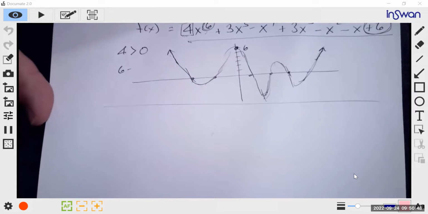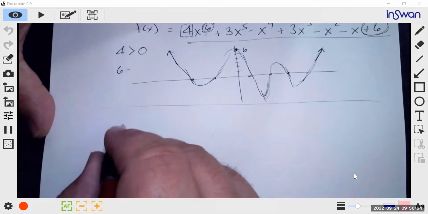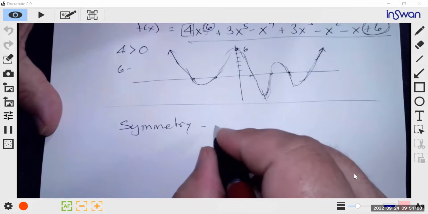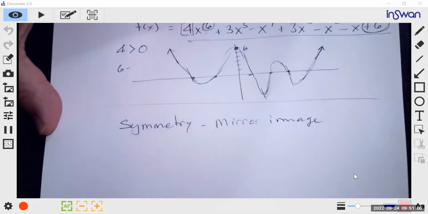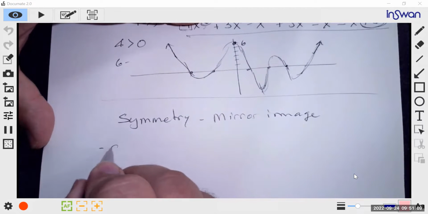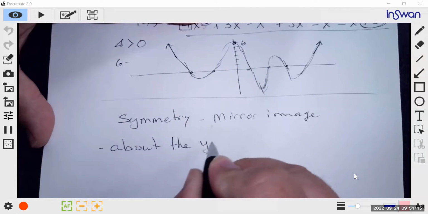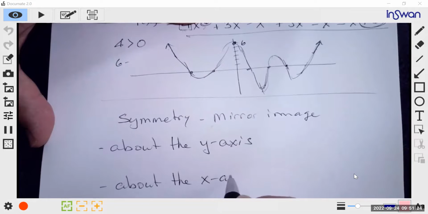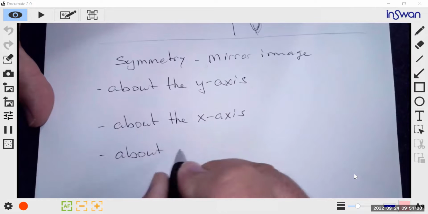We talked a little bit about symmetry earlier in the beginning of class. Symmetry simply means the mirror image: about the y-axis, about the x-axis, and about the origin.